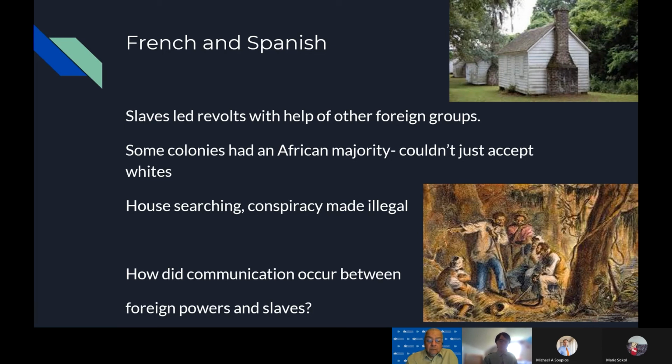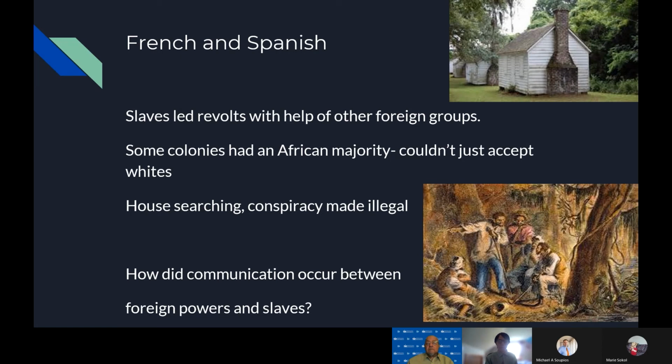They wanted more power for themselves. They wanted this new world to harvest their resources or take over the land or whatever. And they had an interest in stopping Britain from doing that. So some colonies had an African majority.